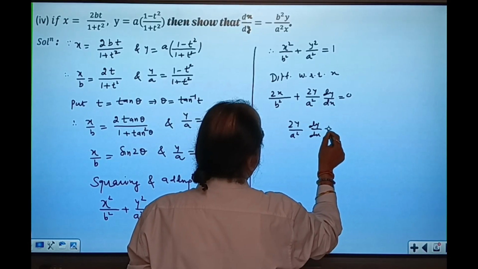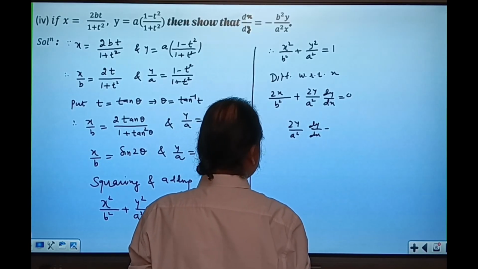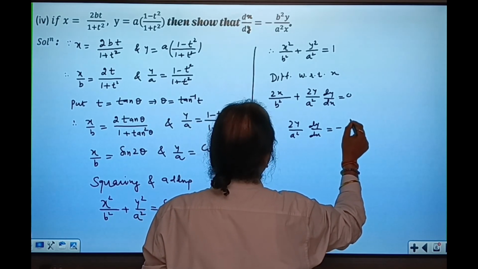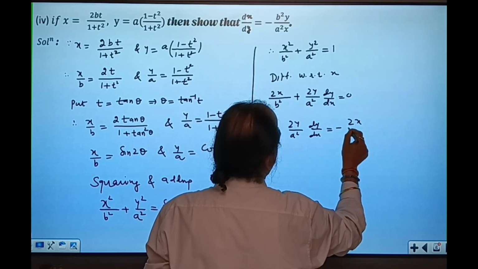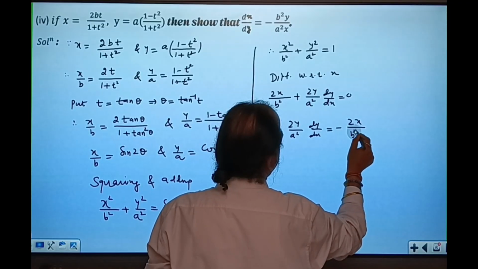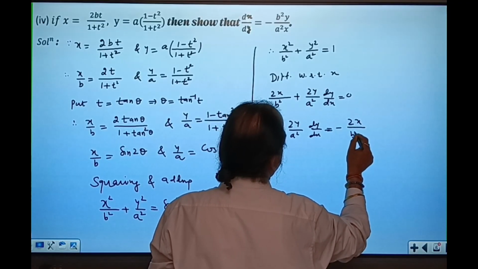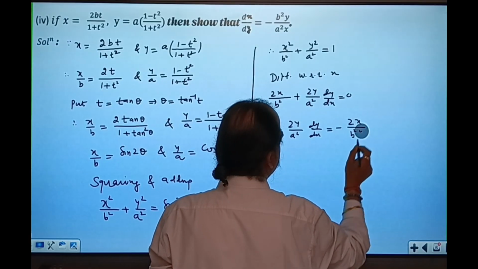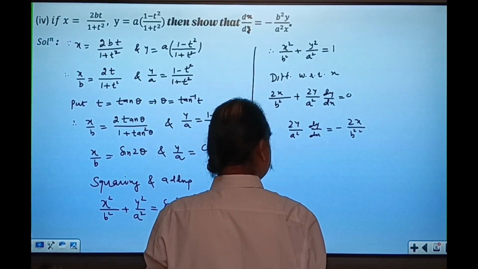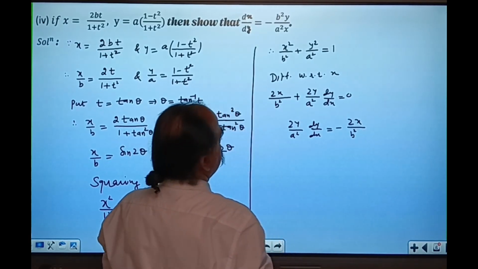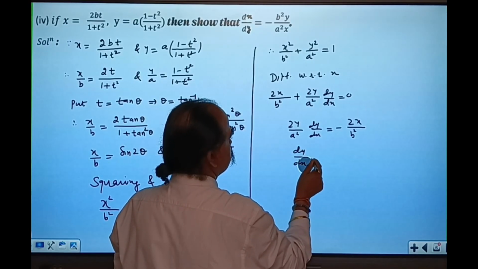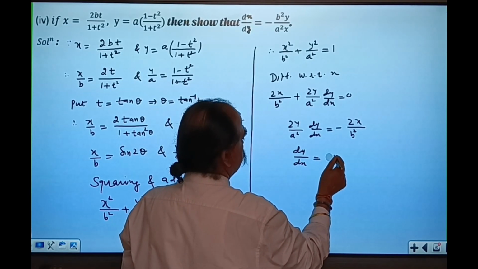So 2y upon a square dy by dx is minus 2x upon b square.